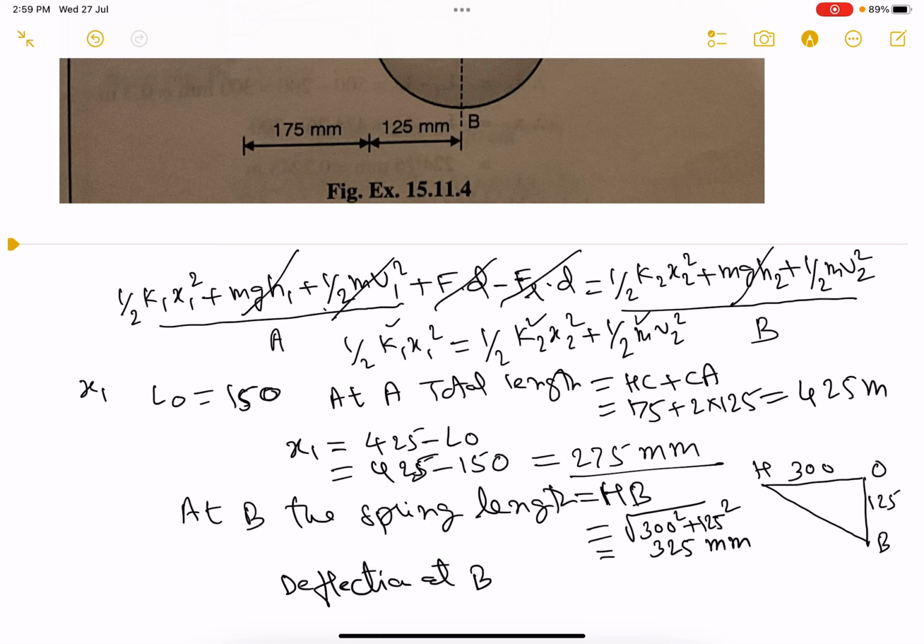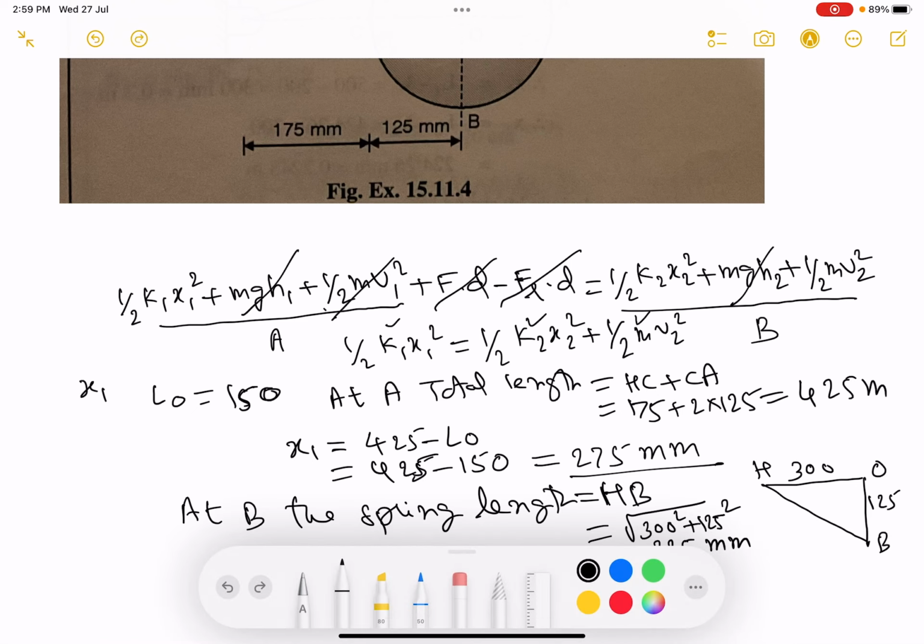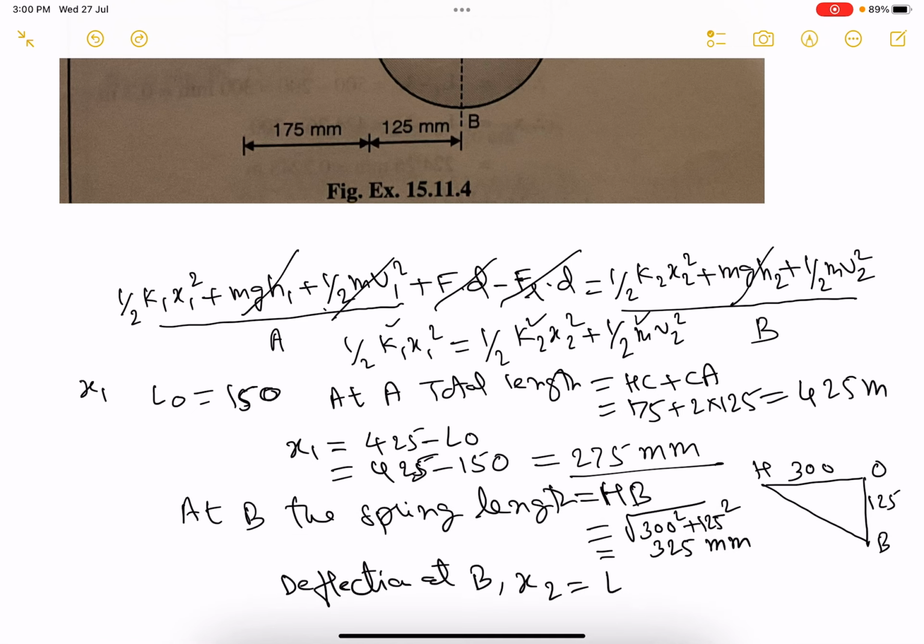Deflection at B is x2, which is 325 minus the original length. So it is 325 minus 150, and this will be equal to 175 mm.